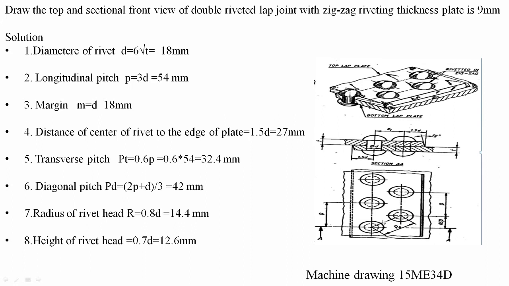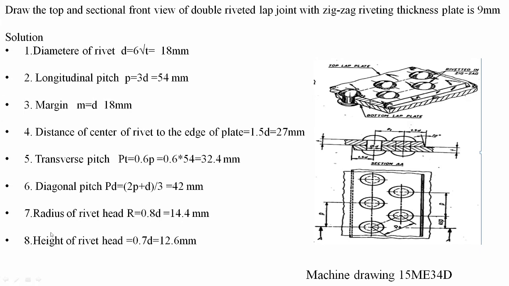The distance between the center of this second rivet to the first rivet is given by 0.5 times the pitch. If you maintain this distance in the second line, you can automatically get this distance PD. So no need to maintain this PD exactly here. This dimension you will automatically get.